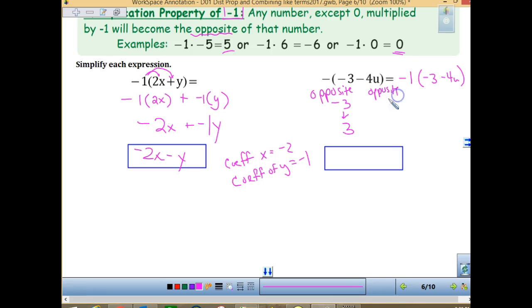The opposite of negative 4u, because we do want to think of this as plus negative 4u, would also be positive 4u. Everything changes to the opposite when you multiply by -1, okay? So anytime there's a negative times anything, it changes it to the opposite. All right, so.